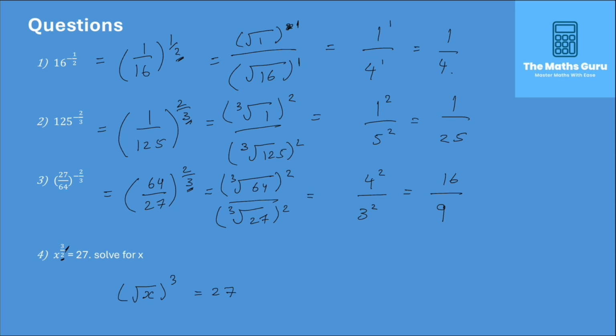We then say, let's cube root both sides to get rid of our cube function on the left hand side. So we get root x is equal to the cube root of 27. So root x is going to be equal to 3. Now to remove our square root function, we square both sides. So we get x is equal to 3 squared, so x is equal to 9. And that is our answer.